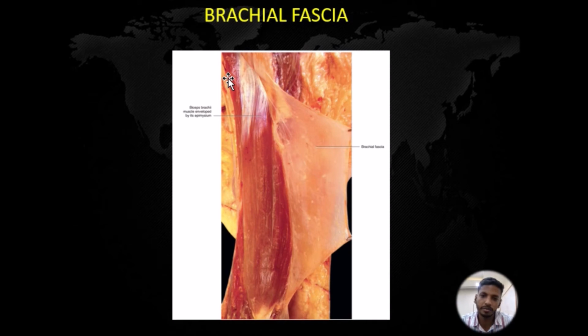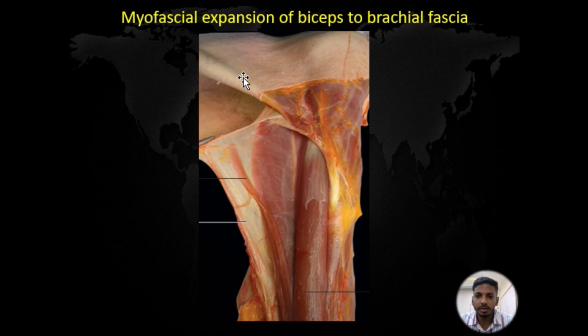This is nothing but a thickening of the brachial fascia, which provides attachment to a lot of muscles of the arm. Here you see the brachial fascia and biceps, with a thick attachment to the brachial fascia, the aponeurotic fascia of the arm. This is the myofascial expansion of the biceps to the brachial fascia, a strong link.